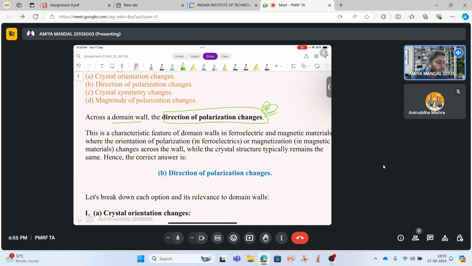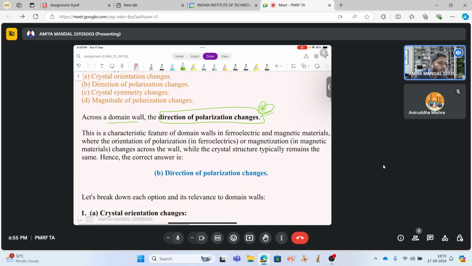This is a characteristic feature of domain walls in ferroelectric and magnetic materials, where the orientation of polarization in ferroelectrics or magnetization in magnetic materials changes across the wall, while the crystal structure typically remains the same. So hence the correct answer is the direction of polarization.